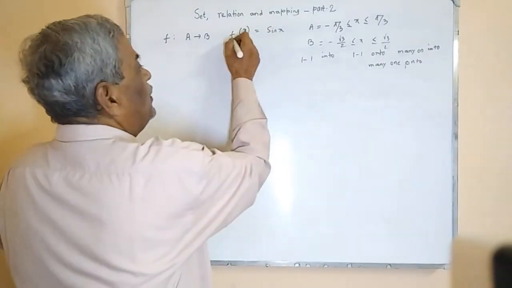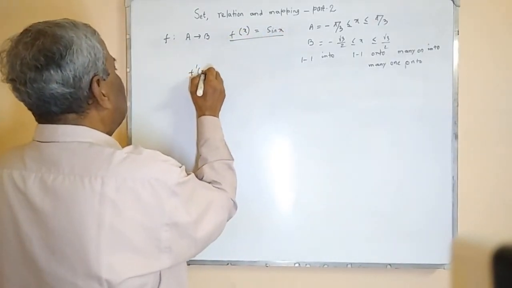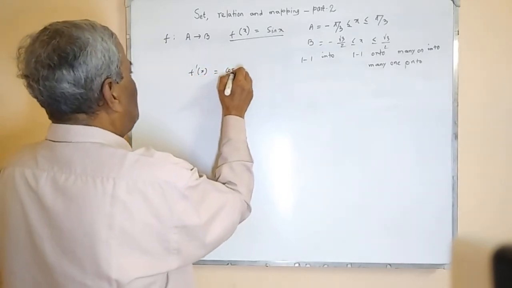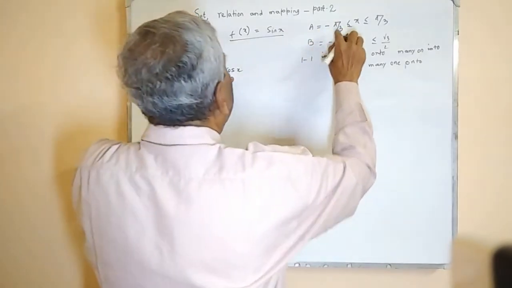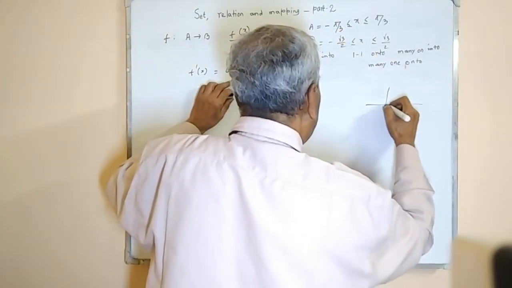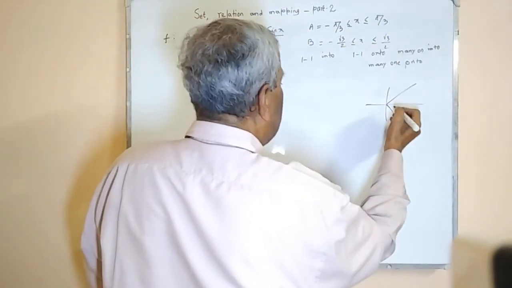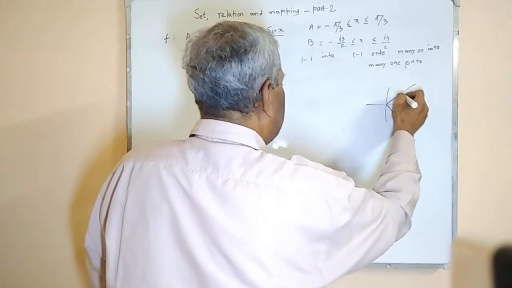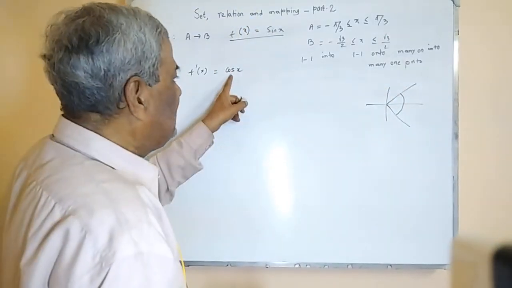Now, for it to be an increasing function, find f dash x. This is cos x. And the range is minus pi by 3 to plus pi by 3. The entire range lies in the fourth and first quadrant, where cos x is positive.